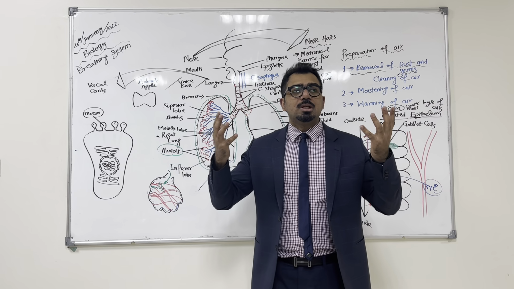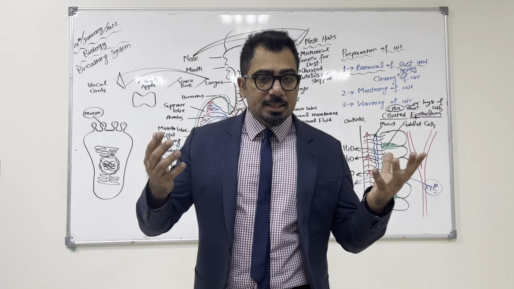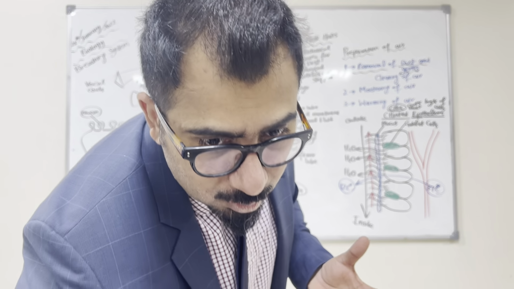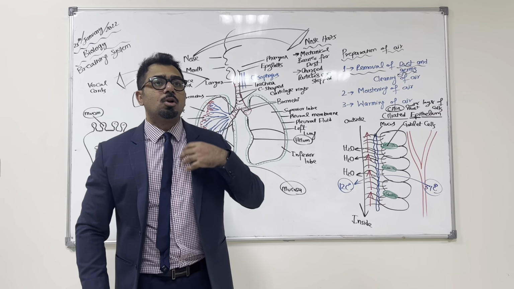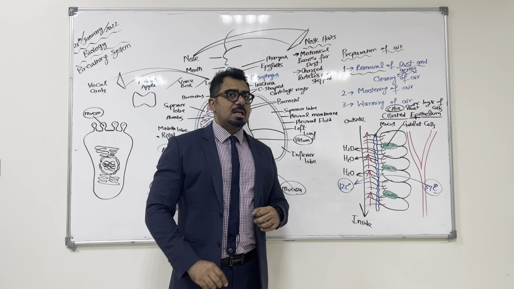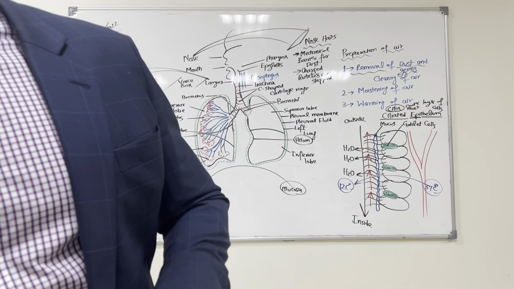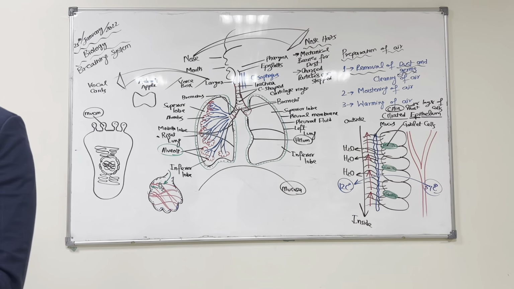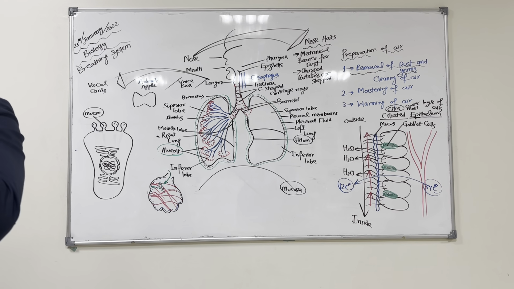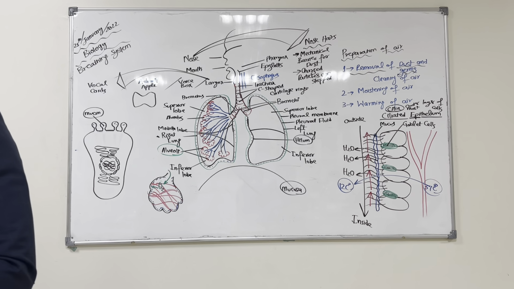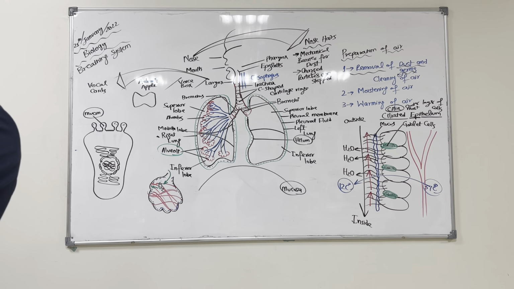Now you can do two things with this mucus. Either you throw this mucus out, or you swallow it. If you throw this mucus out, that is fine, because at that time the dust and germs are out of your body. And if you swallow it, it is still 100% fine. Why?